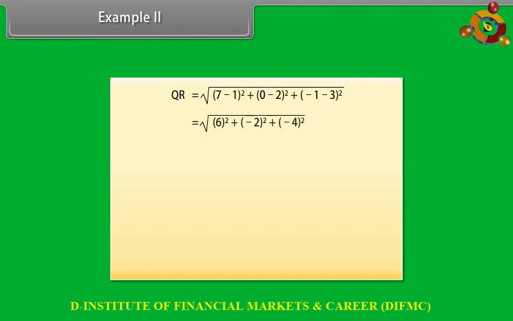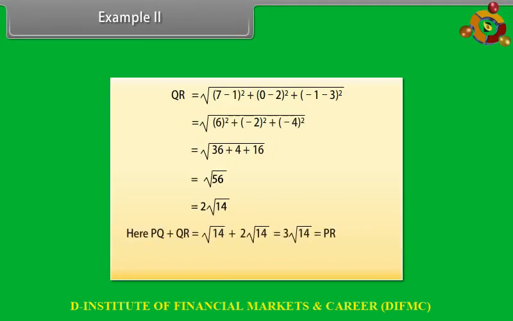After calculating QR, we get 2 into square root of 14. Here, PQ plus QR is equal to square root 14 plus 2 into square root 14, is equal to 3 into square root 14, is equal to PR. Hence, the points (-2, 3, 5), (1, 2, 3) and (7, 0, -1) are collinear.